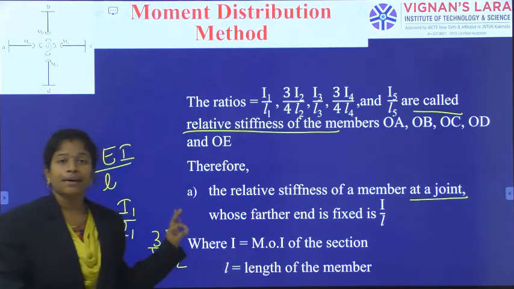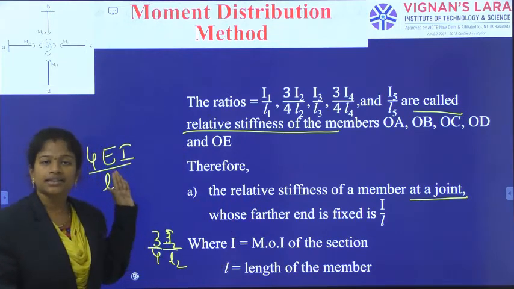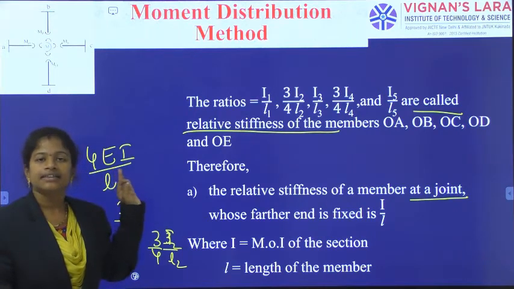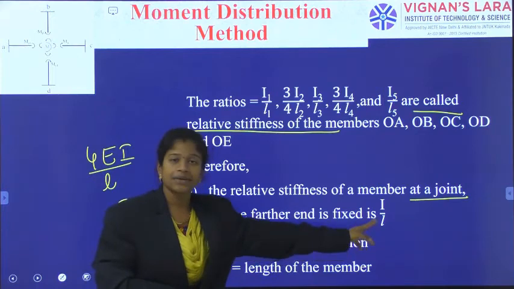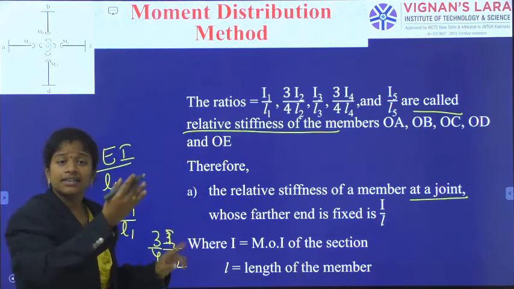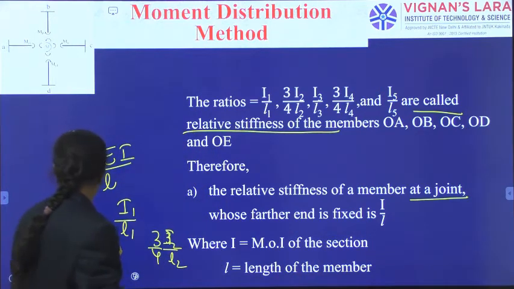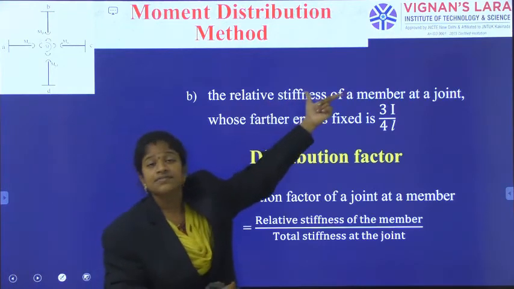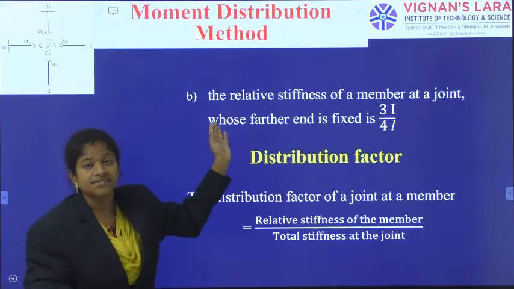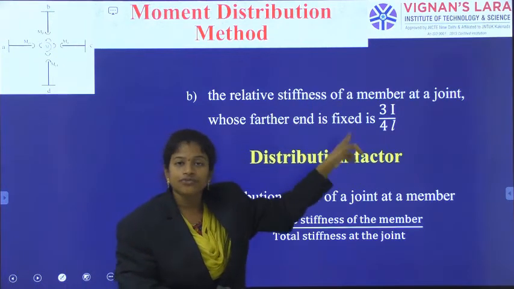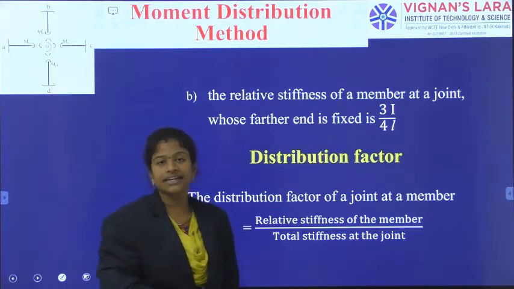If the member has its farther end fixed, the relative stiffness formula is I by L. If the farther end is hinged, then 3/4 of I2 by L2 is the relative stiffness, due to that condition.